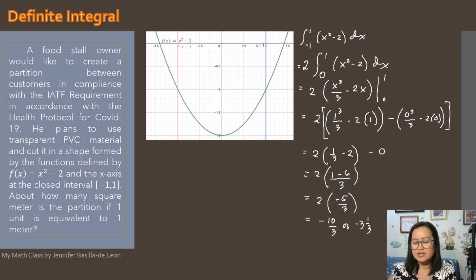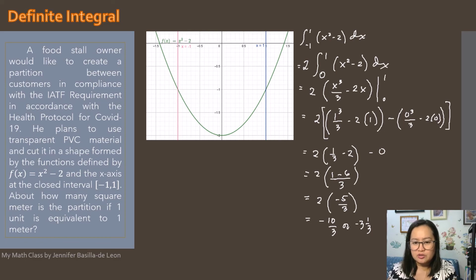Now simplifying, we will have -10 over 3 or -3 and 1/3. Now since the smallest value of an area is 0, it can never be negative, so this contradicts the concept of an area.